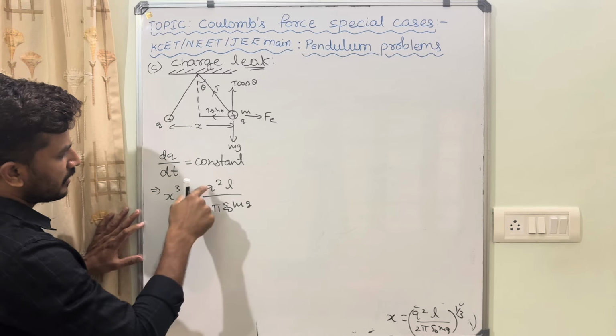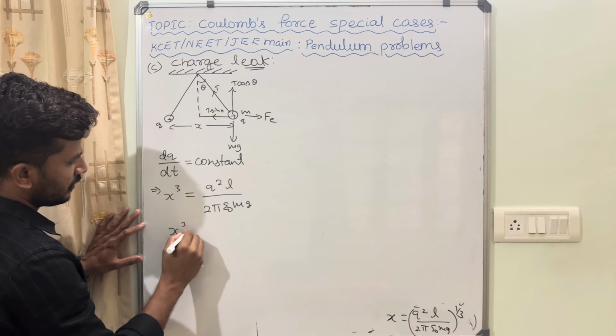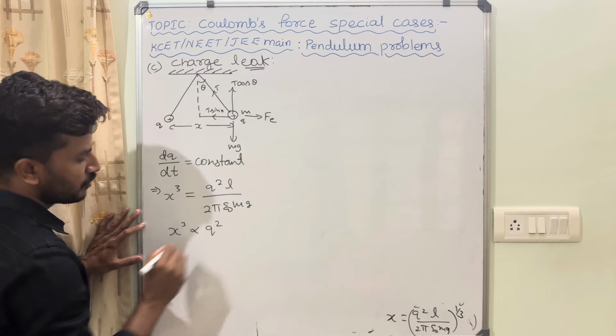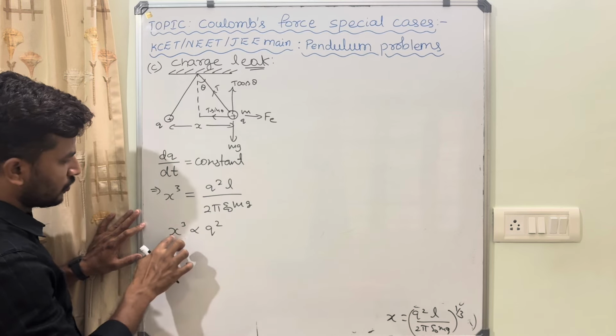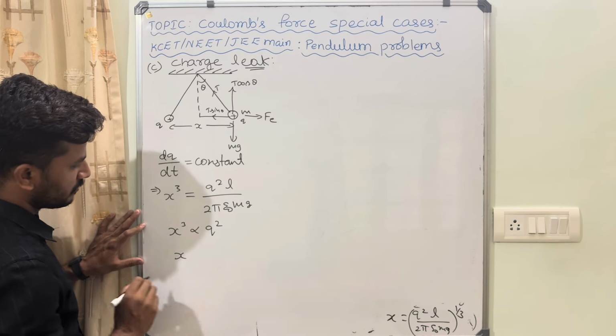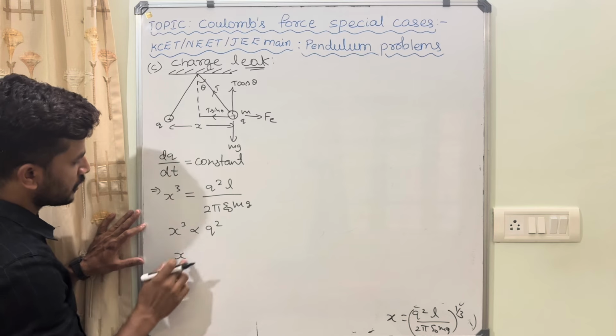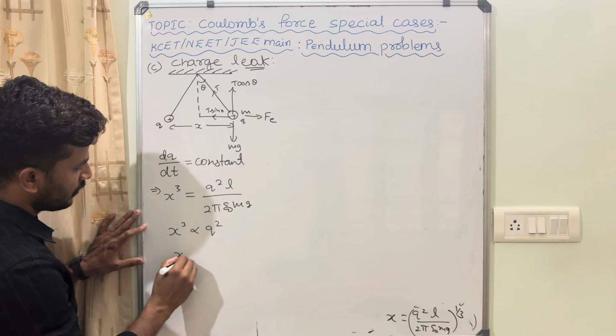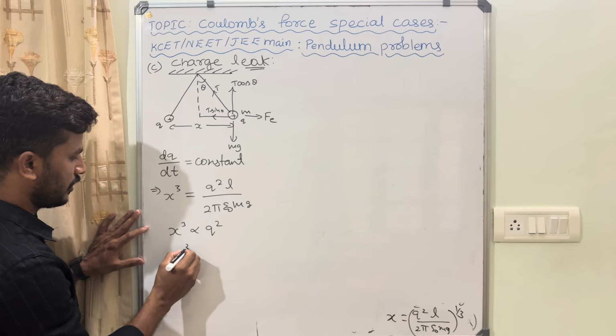So I will take this one, x cube here is directly proportional to q square. So x is given by what? We are differentiating q with respect to x. So what I will do, can I take square root on both sides? Yes.